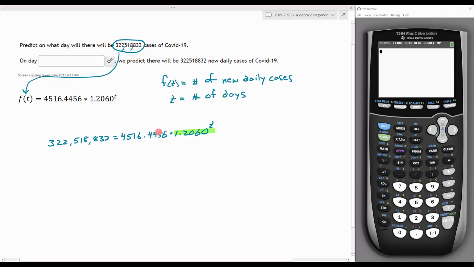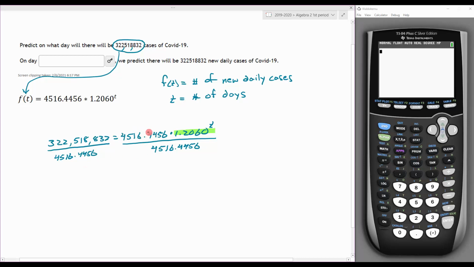Since it's being multiplied by the exponential part, I'm going to divide this side of the equation by 4516.4456. And whatever I do on one side, I need to do on the other side. So I'm going to divide by 4,516.4456 on the left-hand side as well.